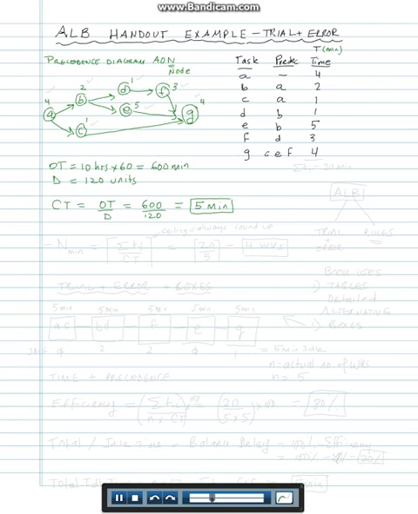Then, so that's a known measure for assembly line balancing. The other known measure is called the theoretical minimum number of workstations. In theory, how many workstations would I have? The formula is the sum of all the task times divided by the cycle time.